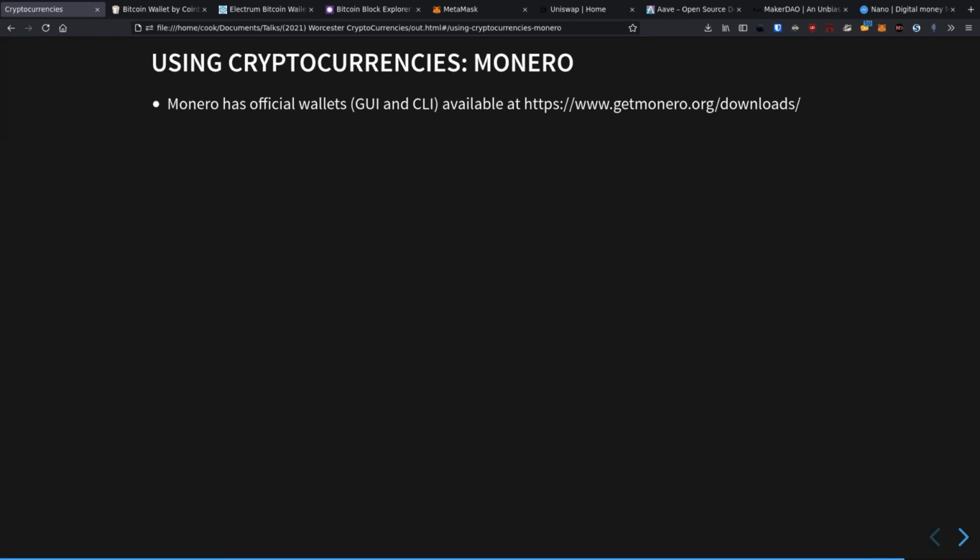Monero is a bit more complicated if you want to use it. The Bitcoin ledger is public, so if I send you money, you can see my balance, and you can see every other transaction that I do, but you would have no way of knowing that it's me that sent you the money unless I told you, for example.